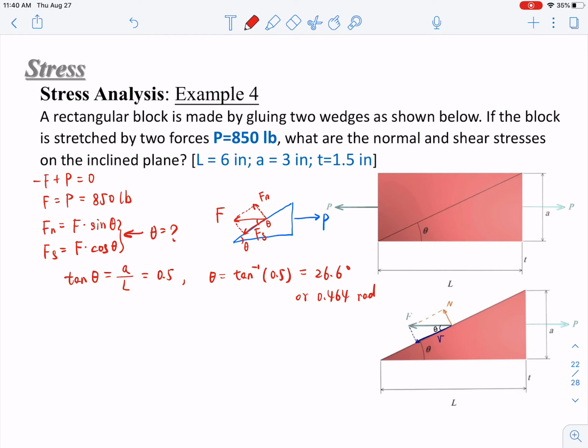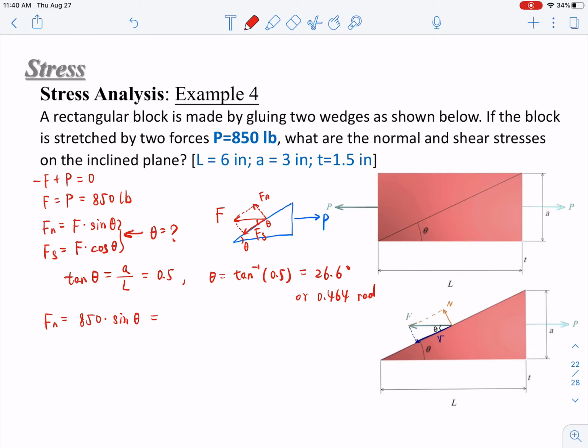Based on this, you can calculate sine theta and cosine theta. So this Fn can thus be determined as F, which is 850, times sine theta.